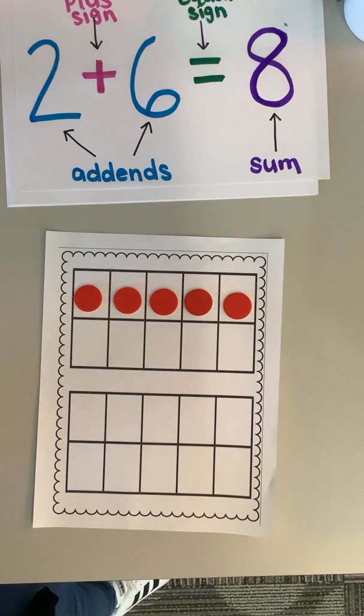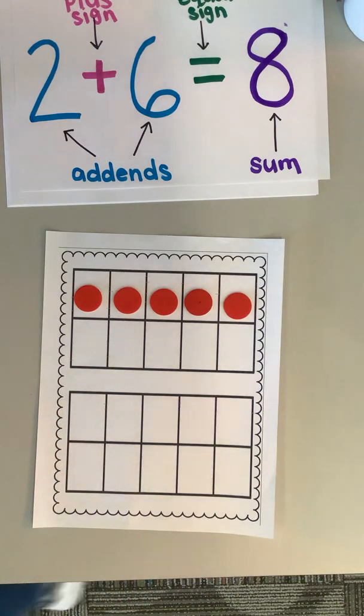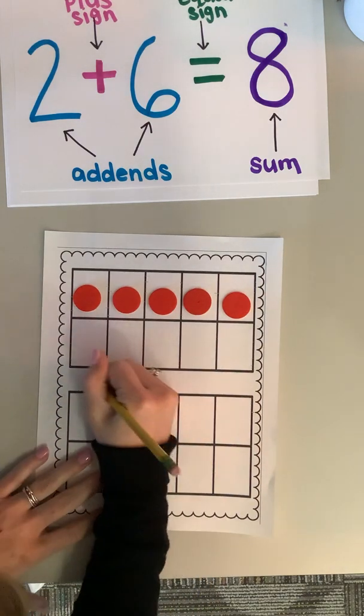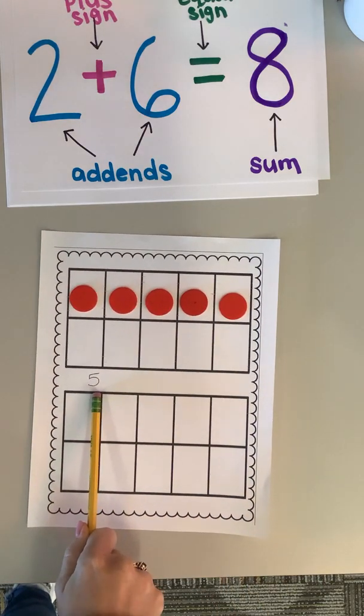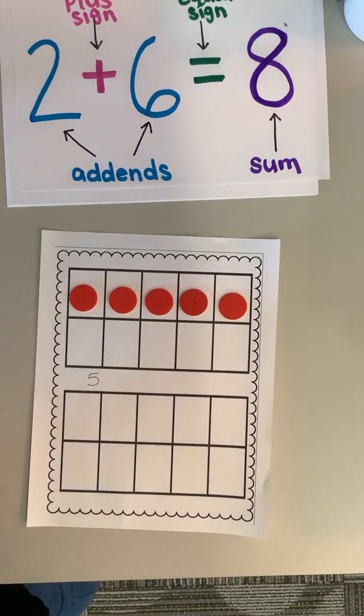How many counters did I just put in this tens frame? You're right. I put 5 counters down. So I wrote the number 5 right there.